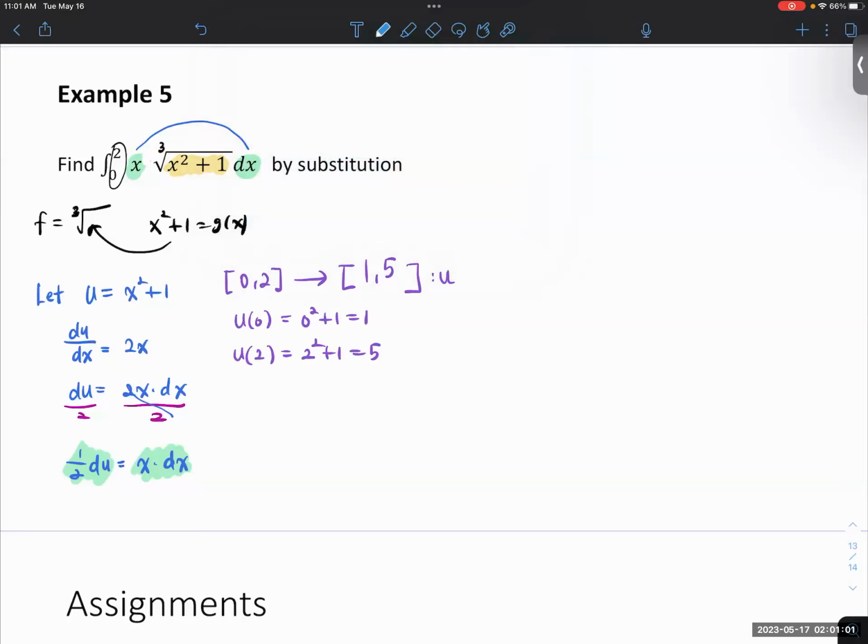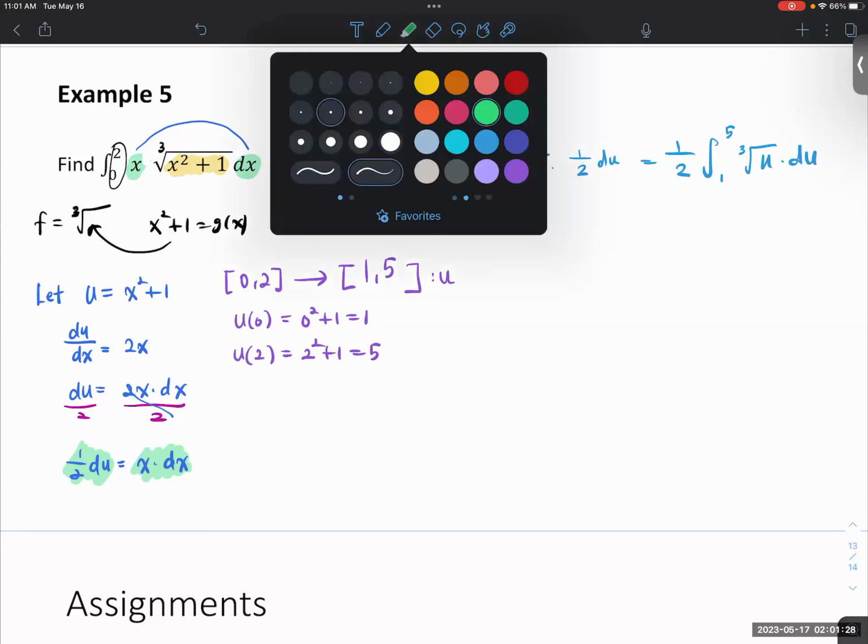So bring it. Now we have 1 to 5, and then the cube root of radical u, and then for x times dx, we have 1 over 2 du. Beautiful. That means I'm going to bring 1 over 2 to the front: 1 over 2, integral from 1 to 5, cube root of radical u du. By the way, what is this?